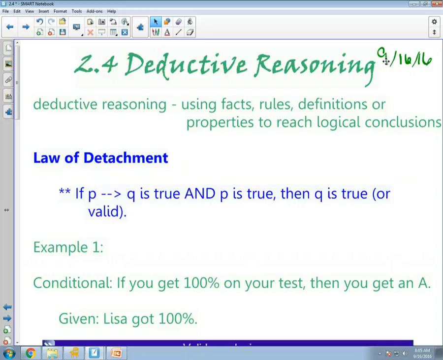So he was not following the rules. He had bad deductive reasoning. I know, that's true. So deductive reasoning is when you have a set of rules and you follow them. You follow them to a T.